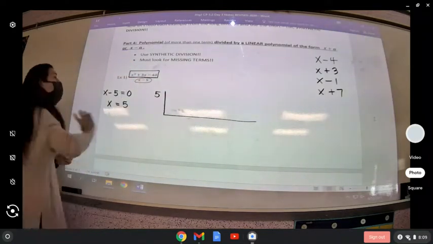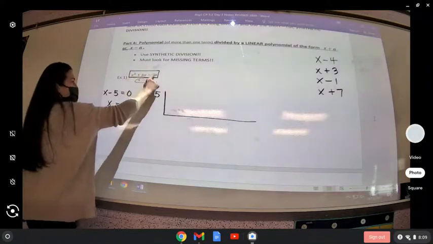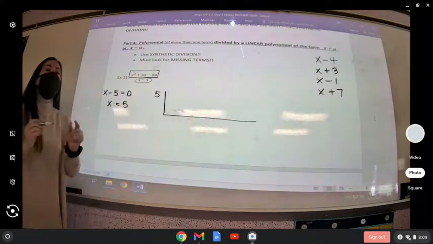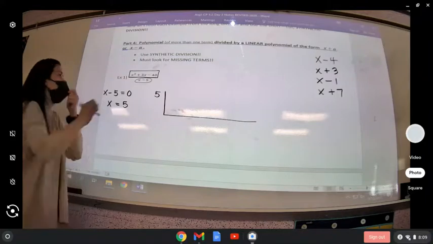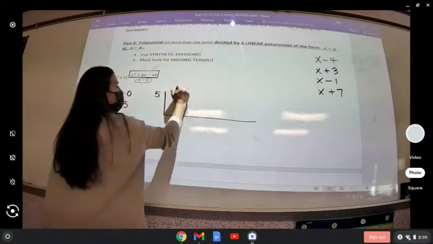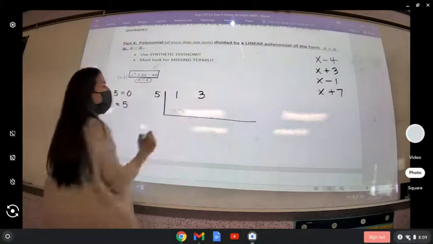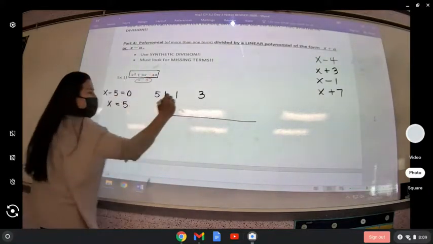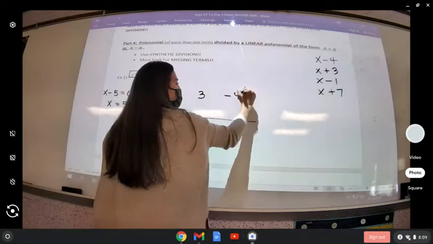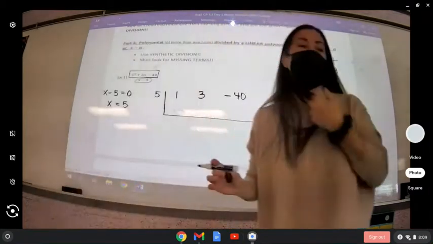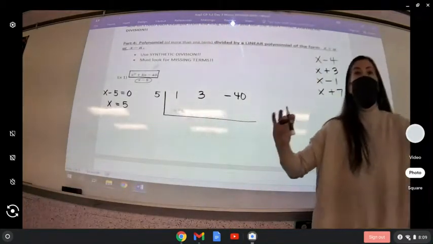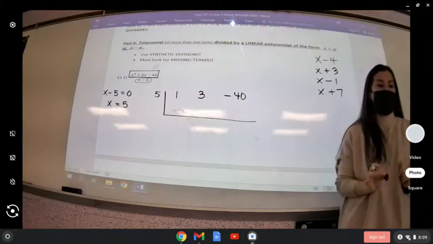Look for missing terms. It goes from an x squared to an x to just a number, so we're not missing any. Now gather the coefficients. What's in front of x squared? 1. What's in front of x? 3. What's the number at the end by itself? Negative 40. So again, synthetic division takes the variables out of the process. We just work with the numbers in front.